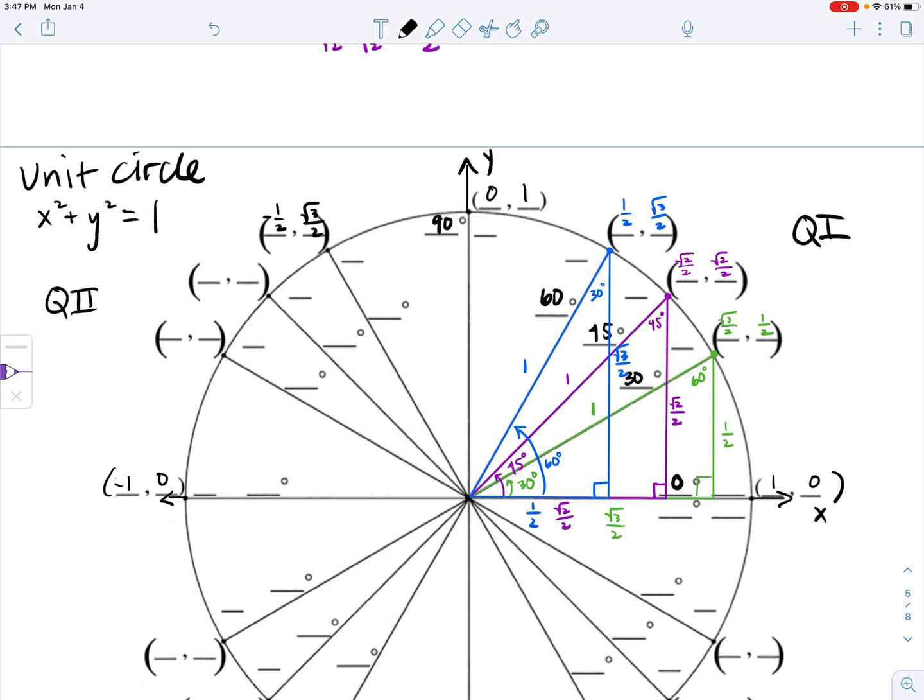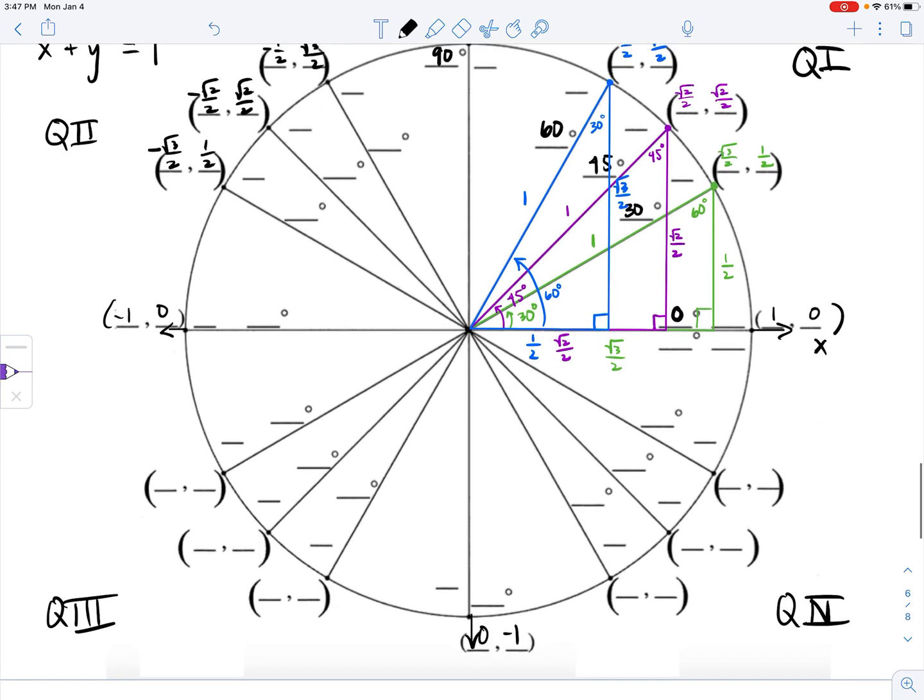So we would have (negative 1/2, root 3 over 2), (negative root 2 over 2, root 2 over 2), (negative root 3 over 2, 1/2), and then reflecting over the x-axis, that would be (negative root 3 over 2, negative 1/2), (negative root 2 over 2, negative root 2 over 2), (negative 1/2, negative root 3 over 2).